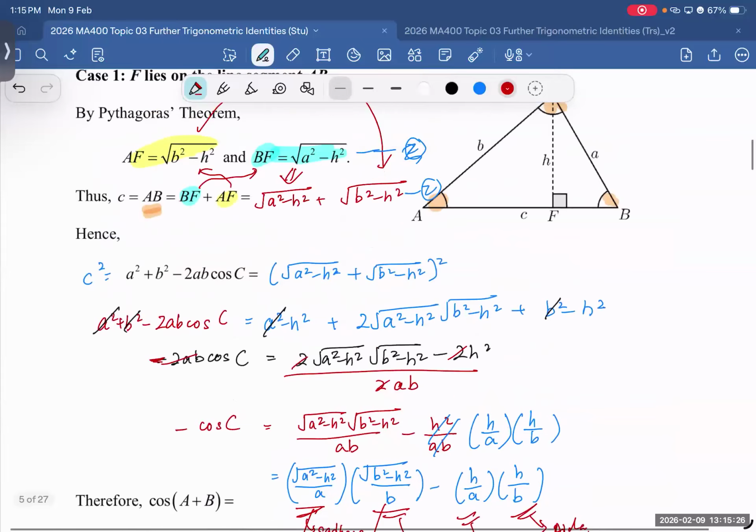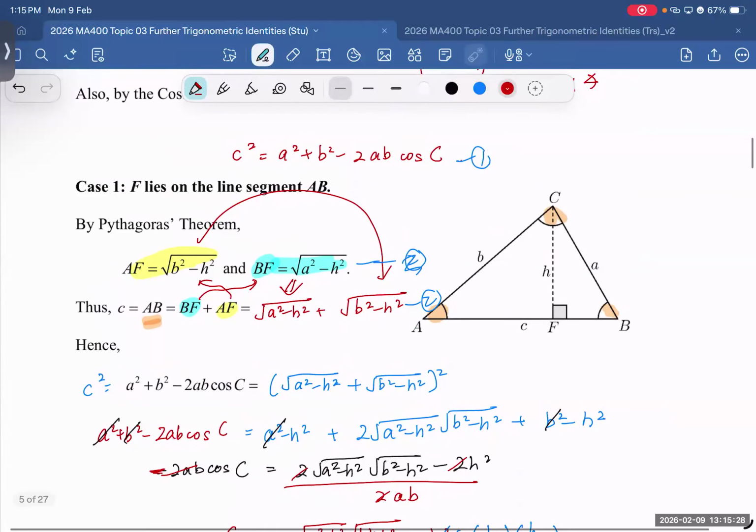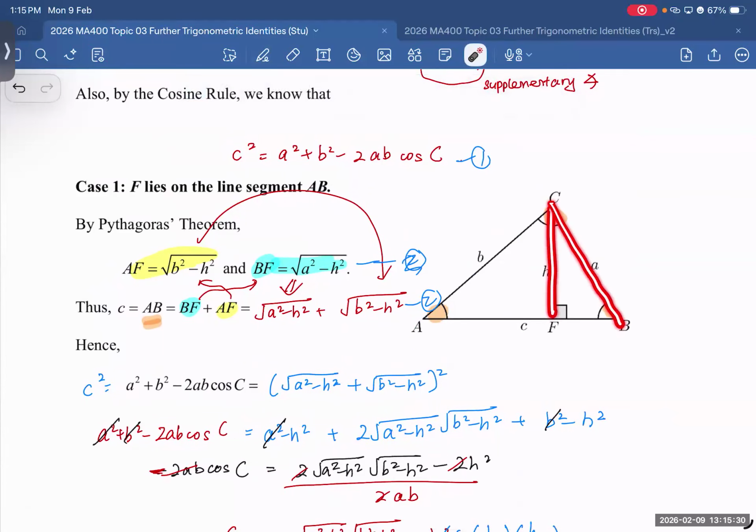What's H over A? Cosine C or cosine B? Huh? You're so confused. There's no trigo ratio called you are so confused.